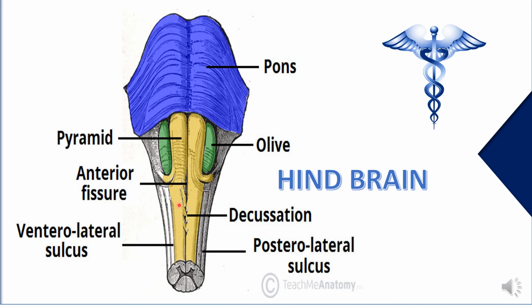The medulla oblongata is a cone-shaped structure. Medially or anteriorly, it forms a fissure called the anterior fissure or the median fissure. At each side of this anterior fissure are swellings called the pyramids. Below the pyramids are the olives. Downward, the pyramids taper, and here the descending nerves cross to the other side and form the decussation.